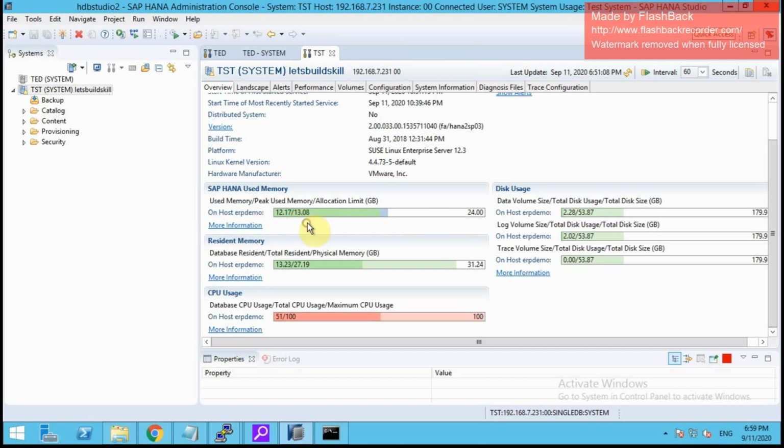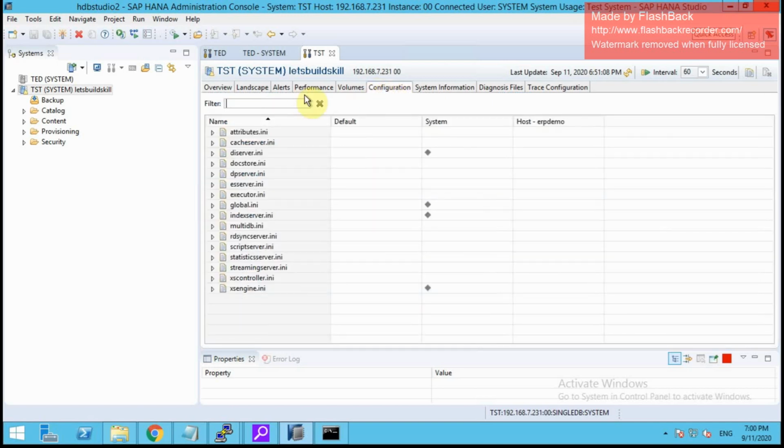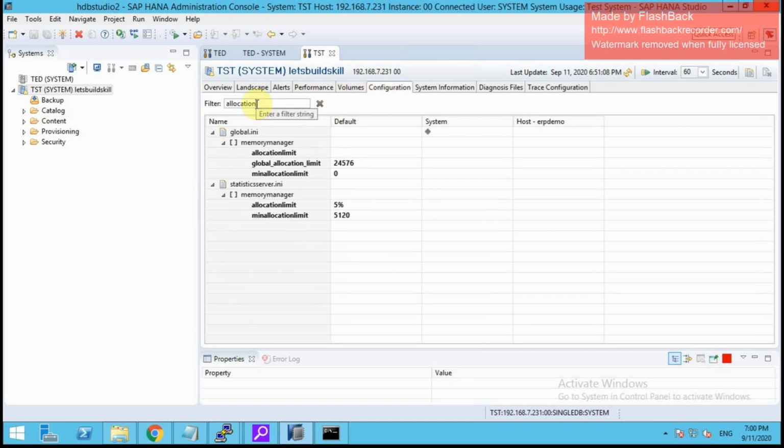Now, as I was saying about how you can restrict your HANA database from going beyond a certain limit, it can be restricted with the help of the allocation limit. How to check the parameter for that? You can go to the configuration tab and search for allocation_limit. You see the parameter global_allocation_limit is set to 24576, which is nothing but 24 GB.